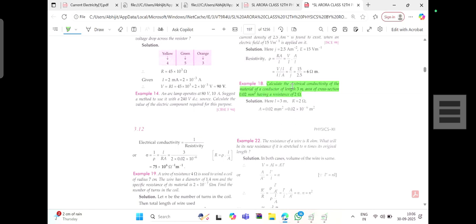Here all the parameters are given. That means the length of the conductor is 3 meter and R is 2 ohm. A = 0.02 mm², that means 0.02 × 10^-6 m². You can do all the conversions from millimeter to meter.